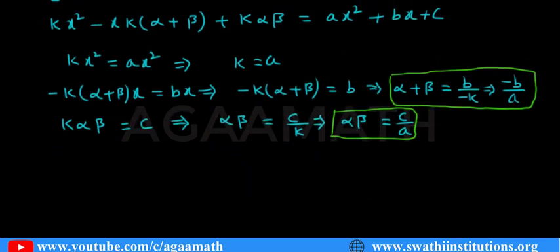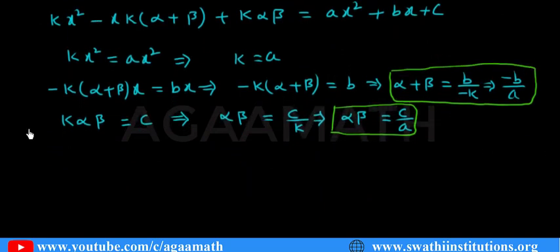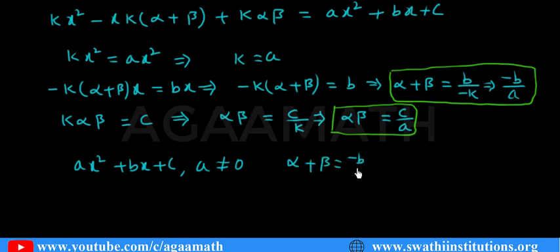So already we have taken a quadratic polynomial, that is ax square plus bx plus c, where a is not equals to 0, right? Now if you look at the sum, that is alpha plus beta, we have minus b by a. Minus b is nothing but the coefficient of x, right?